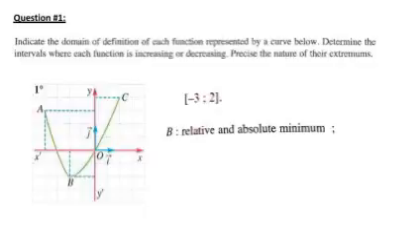Also, at B, the graph decreased, then increased, so this is a relative minimum or local minimum. Also, we have at C an absolute maximum because it's the maximum value reached.